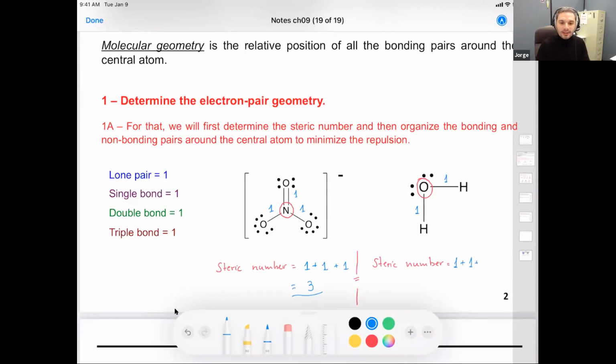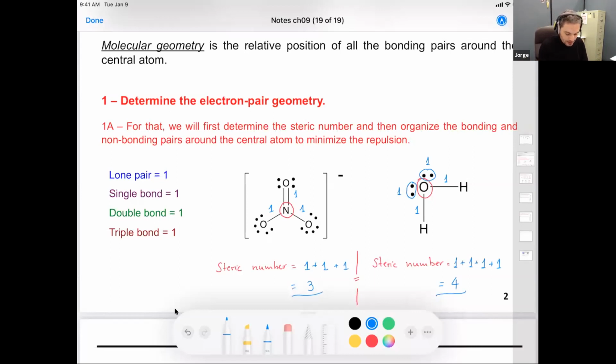And in this case, we also have two lone pairs, okay? Each lone pair accounts for 1, and we have 2, therefore it's going to be 1 plus 1, which will give us a steric number around the oxygen equals to 4. Okay, see the difference when you have lone pairs, you also have to count them because the lone pairs will repel the atoms and will contribute for the molecular geometry.